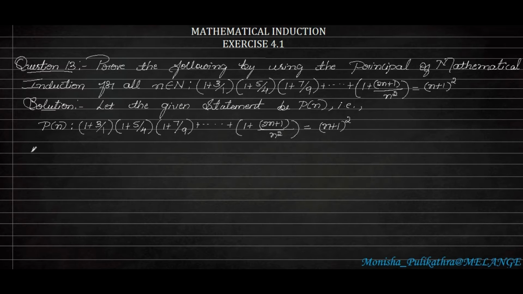Next, the first step is for n is equal to 1. Wherever you have n, you have to substitute 1 in the place of n. So we have p of 1.